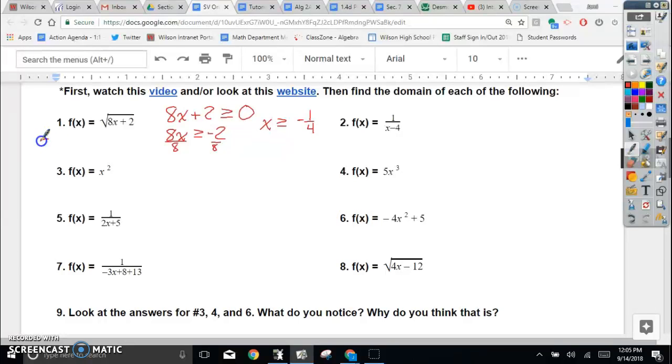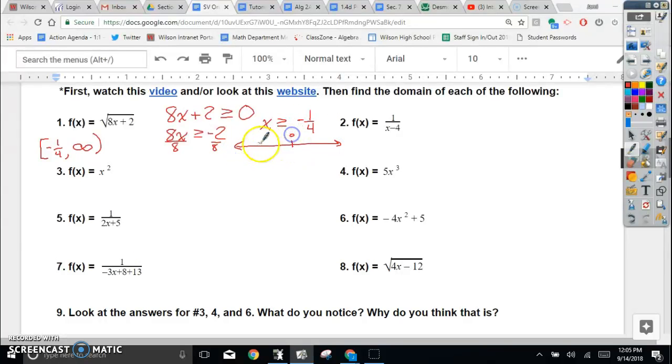So you use a bracket when that number is included. -1/4 is the smallest number that will work, and this will go up to positive infinity. If you have a hard time visualizing that, put this answer on a number line.